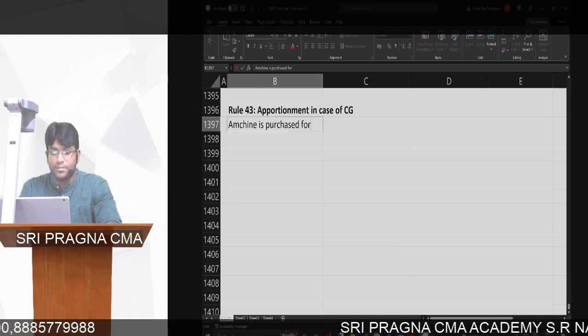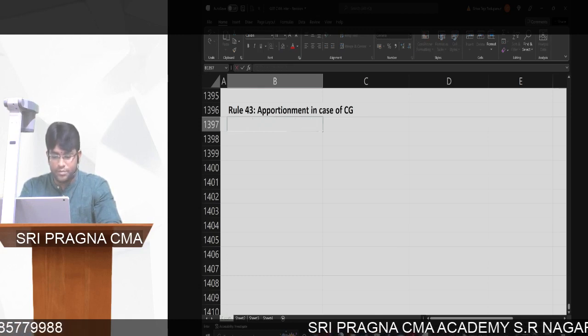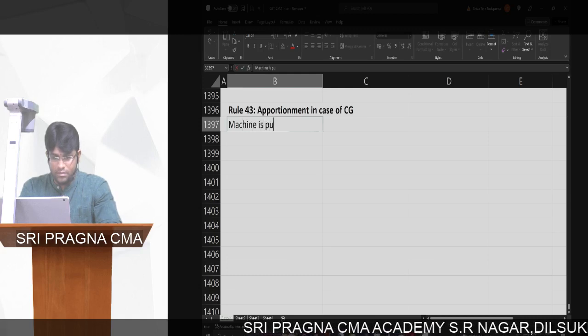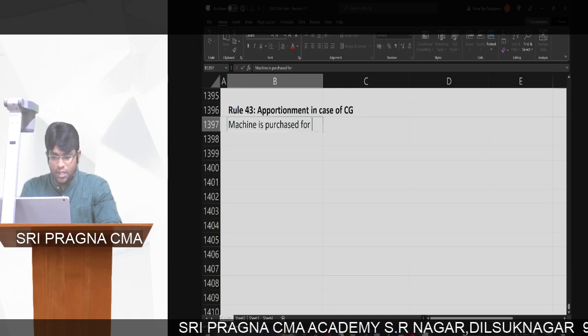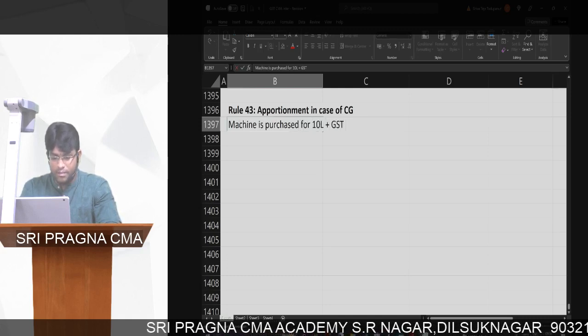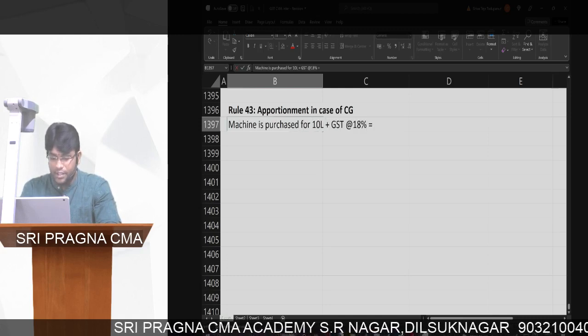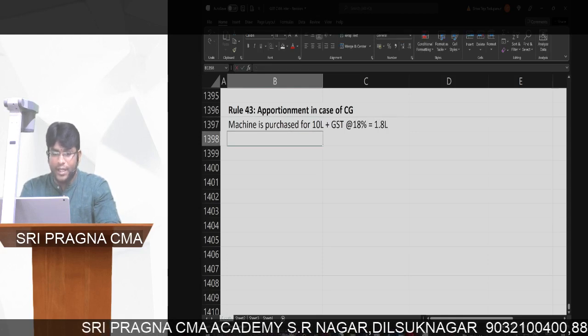A machine is purchased for 10 lakhs plus GST at 18%, which is 1.8 lakhs.